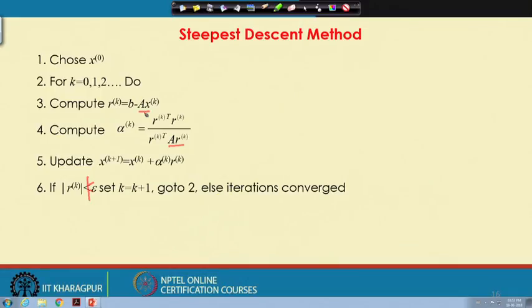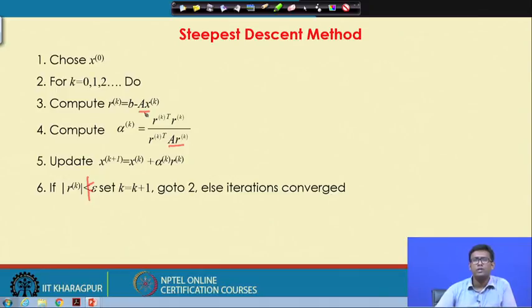If I write a computer program out of it, though the number of steps will be less than Gauss-Seidel, the calculations per iteration will be way higher for large matrices. Gauss-Seidel does only one matrix vector multiplication, whereas the steepest descent will do it twice.